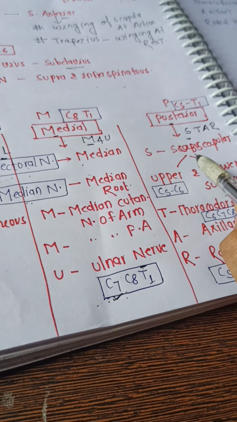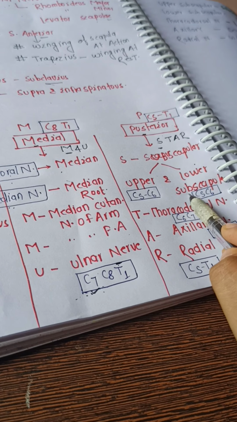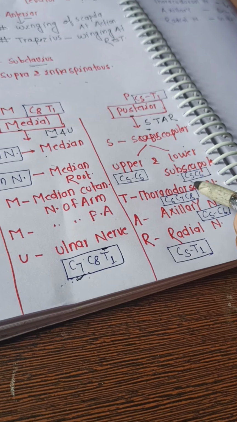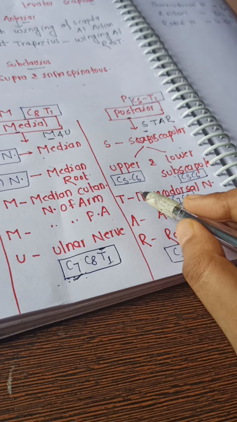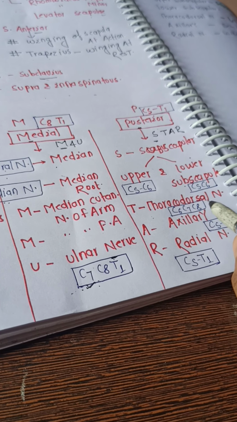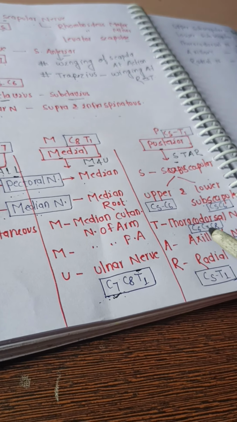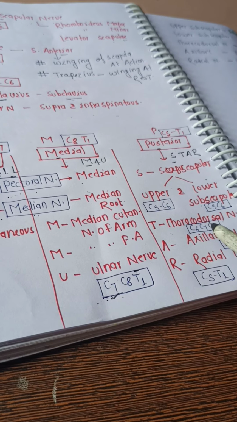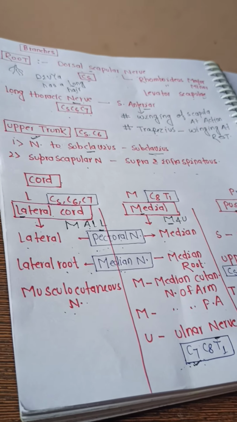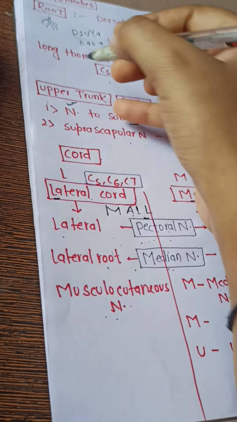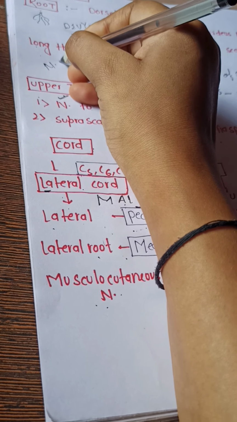S for subscapular, upper and lower subscapular, upper scapular part. So the root value is C5 and C6. T for the thoracodorsal nerve, also known as the latissimus dorsi nerve. And one more name for the long thoracic nerve is the nerve of Bell.